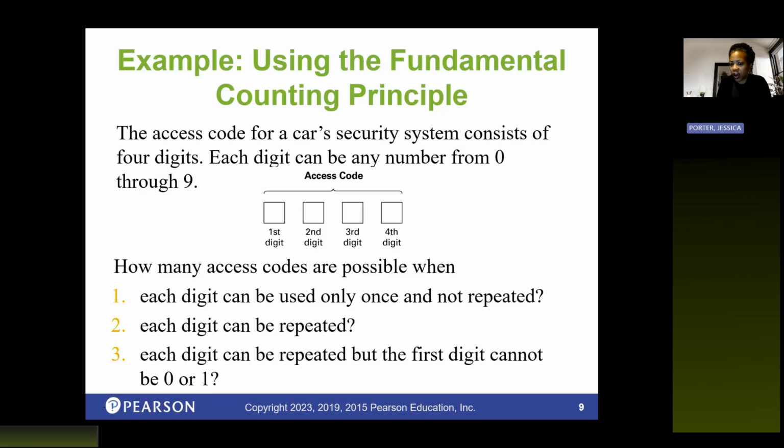Right. So I have 10 to choose from. Now I can use numbers only once. So then the second number, how many digits do I have to choose from for the second number? You're right. I only have 9.